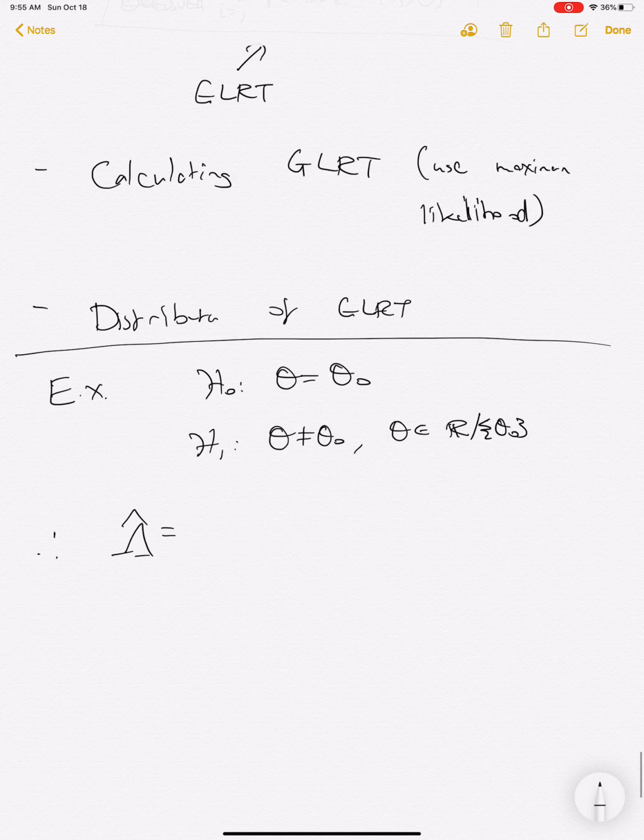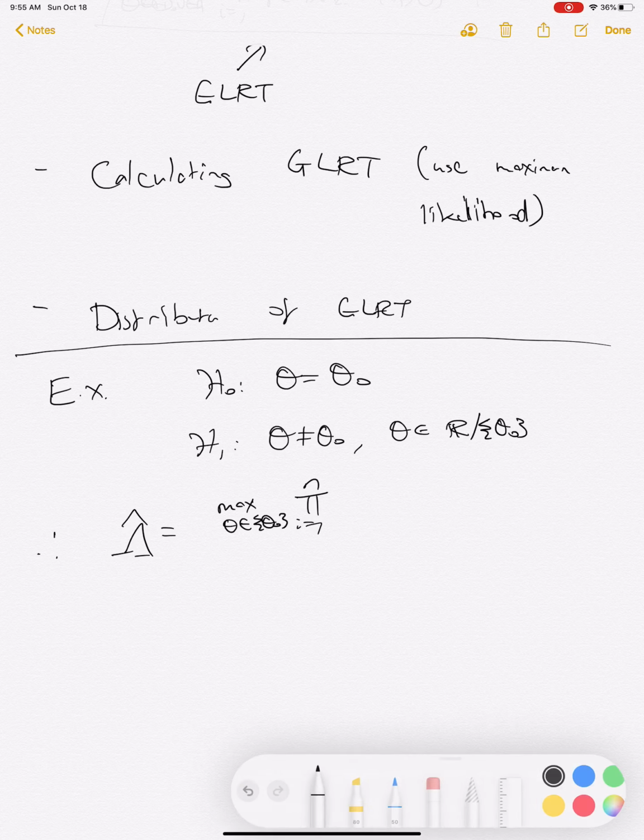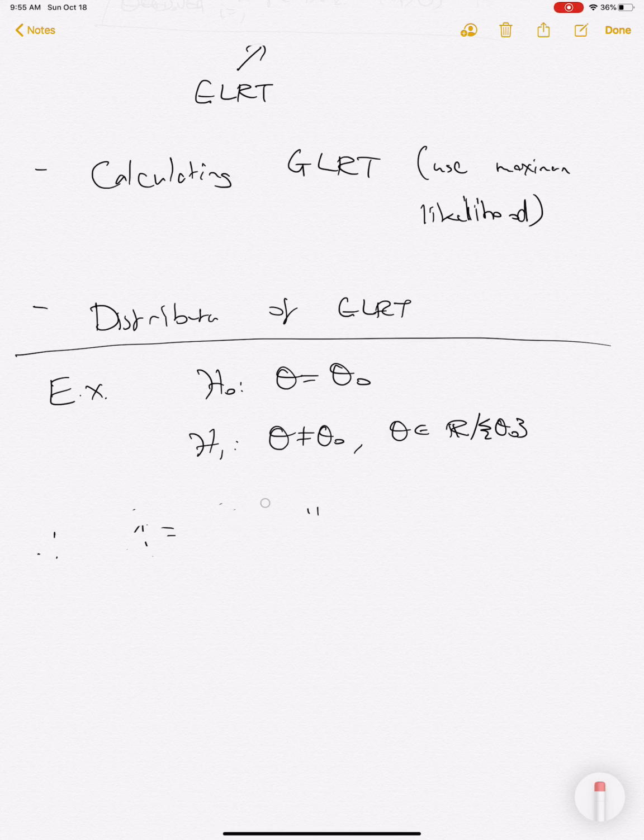Therefore, if we look at the GLRT, we want to find the generalized likelihood ratio test statistic gamma hat.